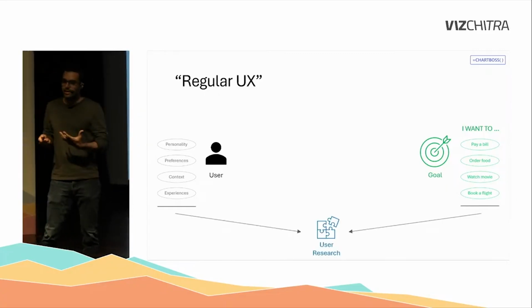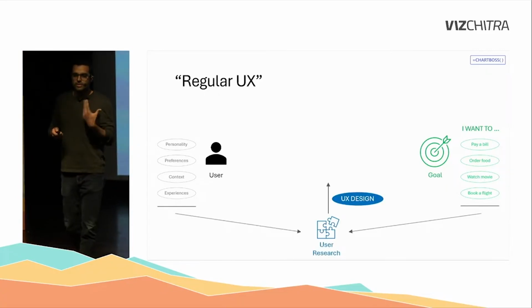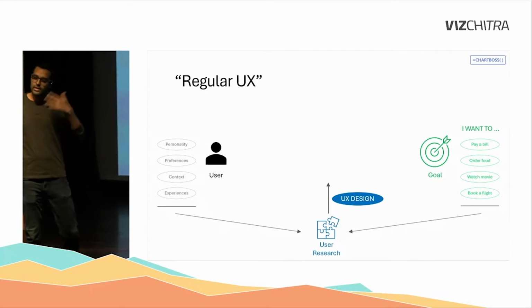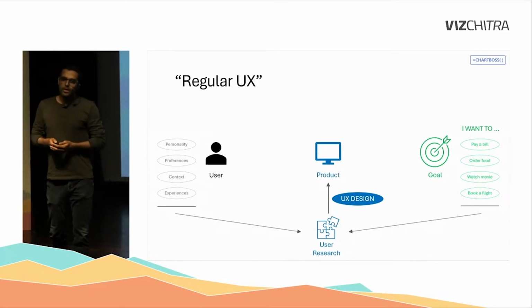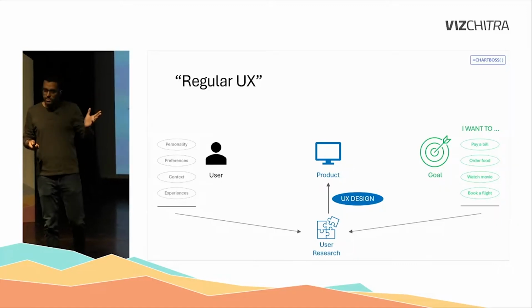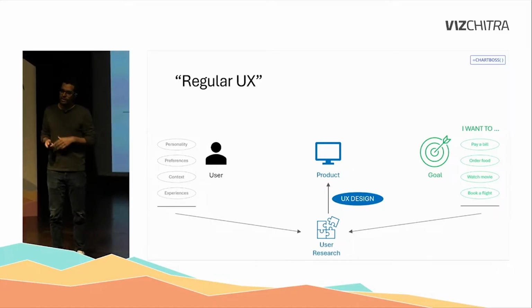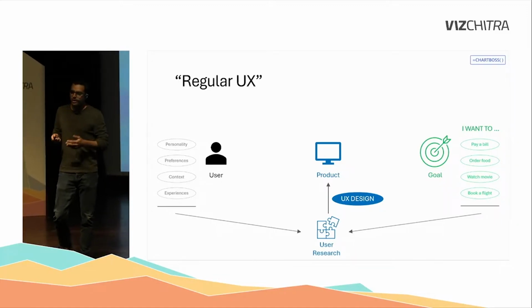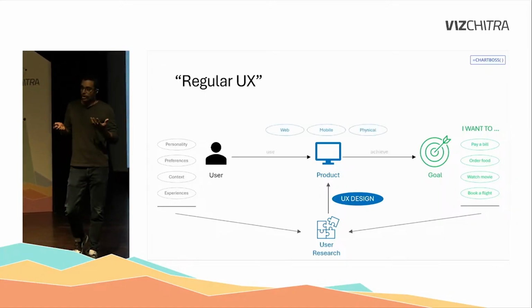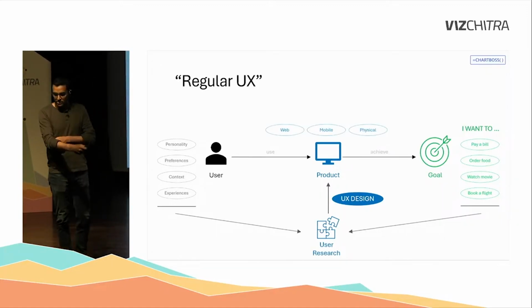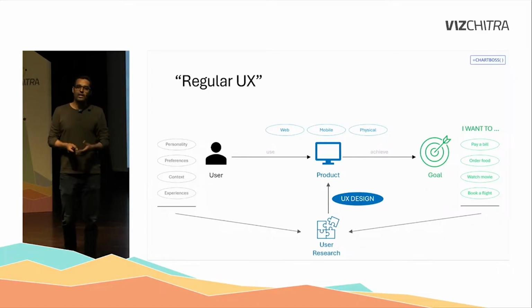And UX design is the process of taking this user research and converting it into a user experience in the form of a product, right? Now, this product could be a web, mobile, physical product, anything, doesn't matter. Now, the user is going to use this product to achieve their goals. Straightforward, right? So that's how regular UX would work.